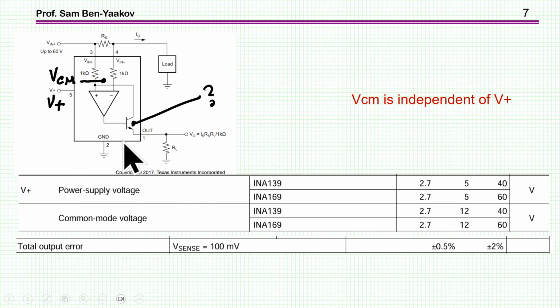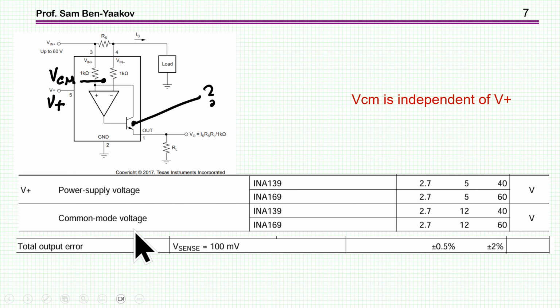Let me point out that one of the very nice features of this device is the fact that the common mode voltage of this amplifier could be higher than the power supply for the amplifier. Now the power supply could be between 2.7 volts and 40 or 60 depending on the model type.